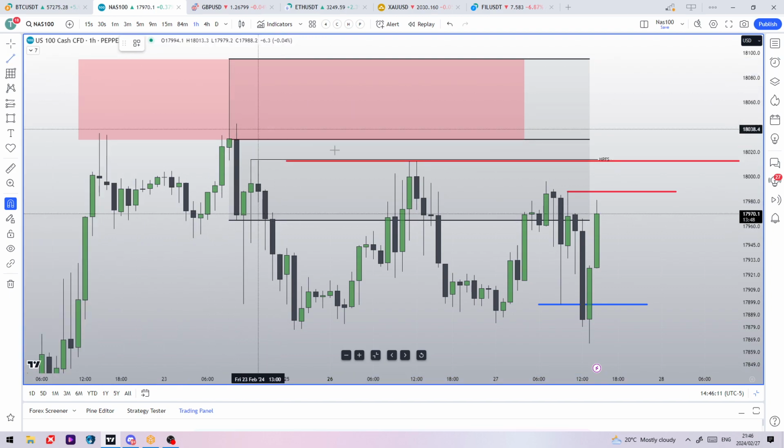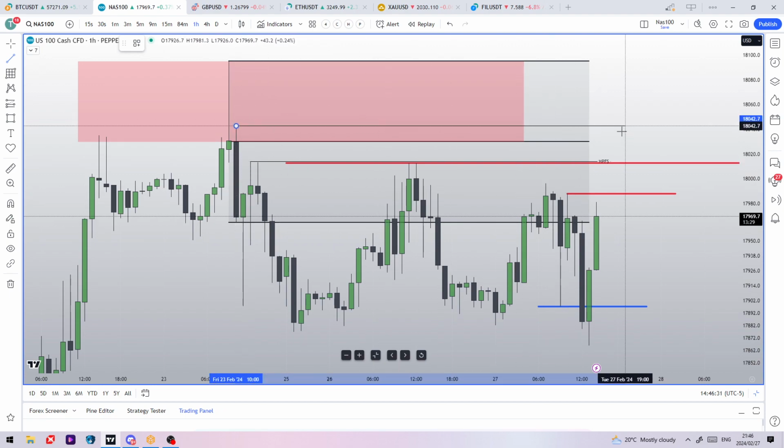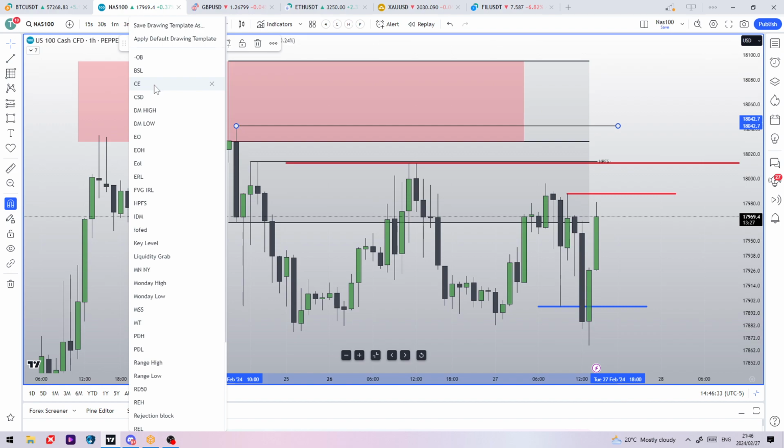And with DR logic specifically, and this may be too precise, right? So I'm not going to hold out for it, but if it happens, that would be good. The candle that creates the DR, which is this guy right here, the 10 a.m. H1 candle from Friday, that high also comes in the menu, right? High probability failure swing.